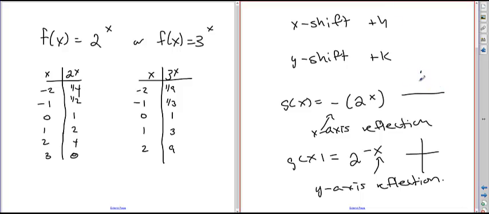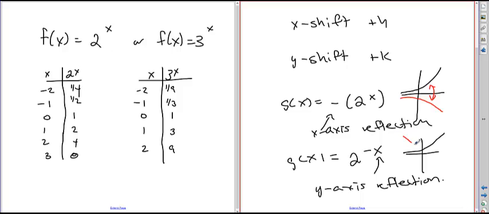So I'm just going to kind of draw a sketch here. I'm not going to plot all these points, but 2 to the x is going to look something like this. So when you do an x-axis reflection, what happens is it goes like that. So you're reflecting things across the x-axis. Then when you have the negative in the exponent, again, you have your parent function looks something like that.